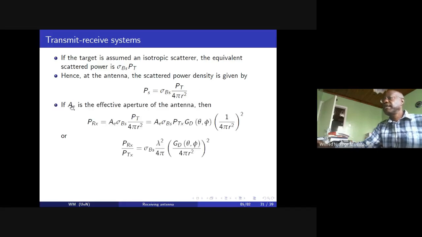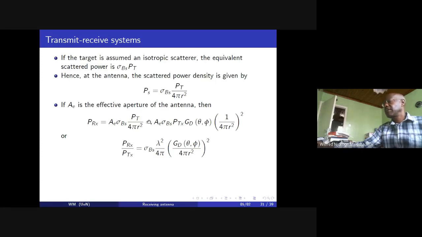And then if the effective aperture of the antenna is given by AE, then the received power is going to be given by the effective aperture of the antenna multiplied by the backscatter cross section multiplied by the average power available from the scatterer.